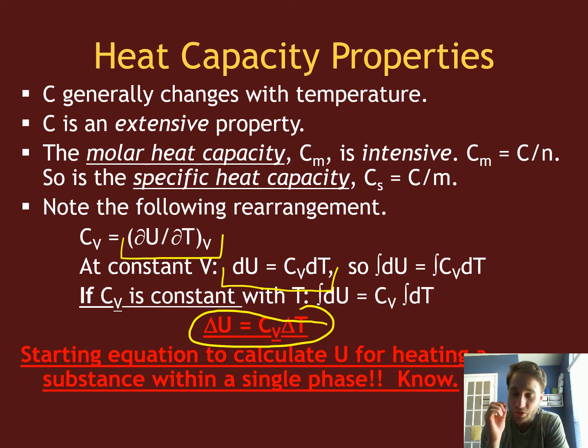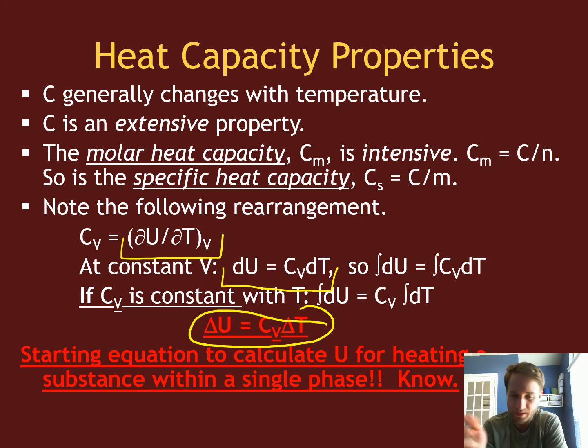Remember, U, internal energy, is a state function. So if I get from point A to point B, whether the change in state is constant volume, constant pressure, constant temperature, whatever, I can always calculate the change in internal energy using Cv delta T, assuming heat capacity is constant.